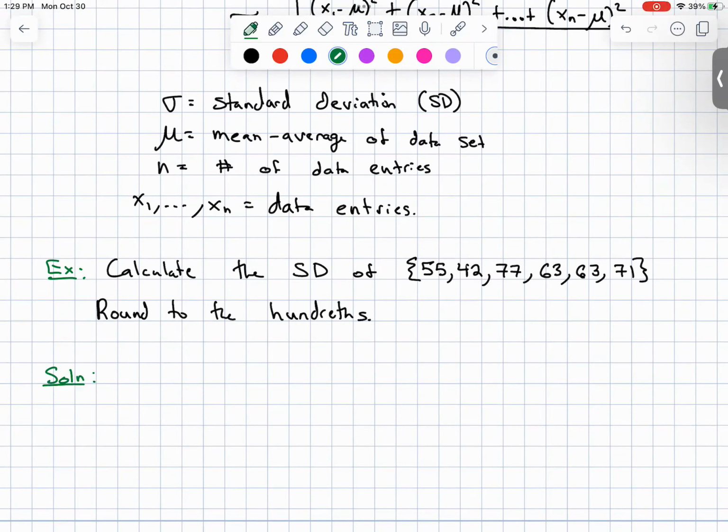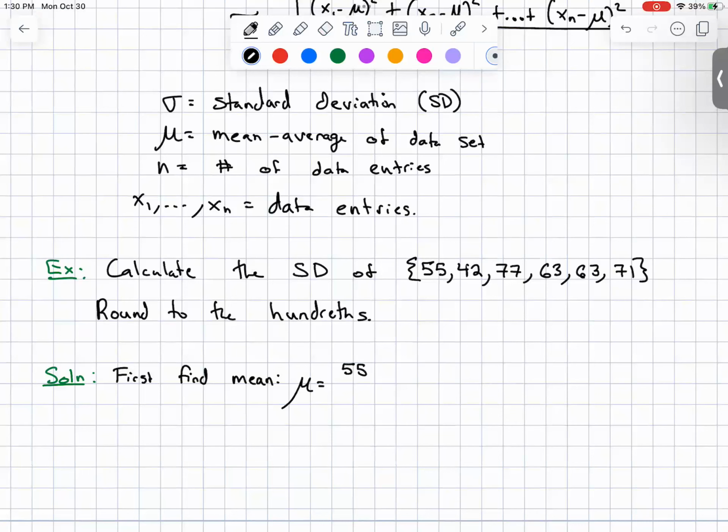Because the standard deviation relies on the mean average, we need to first find the mean, which we call mu in this case. That'll be the mean, and that's going to be adding up all the numbers.